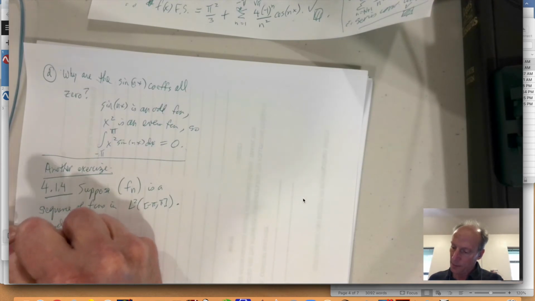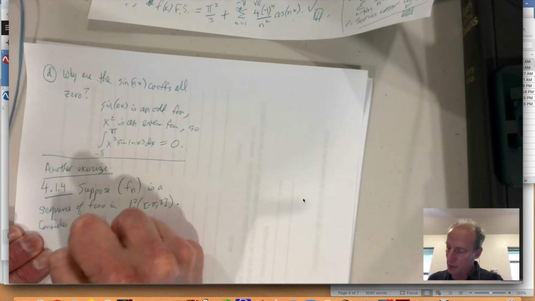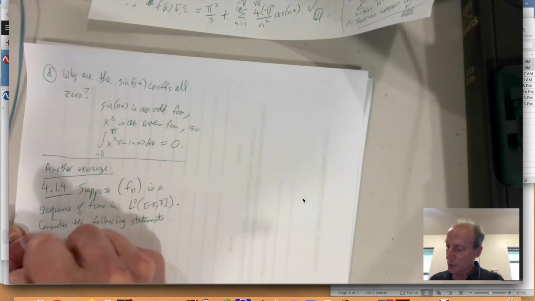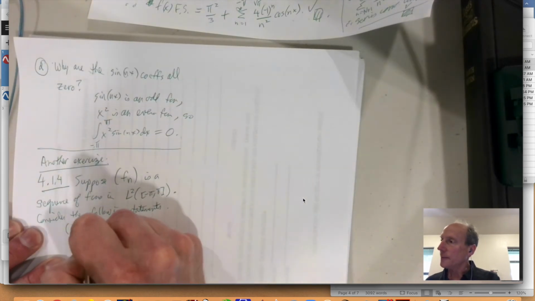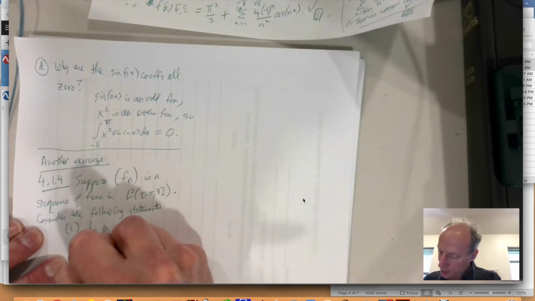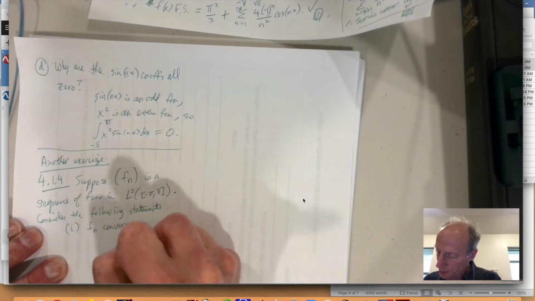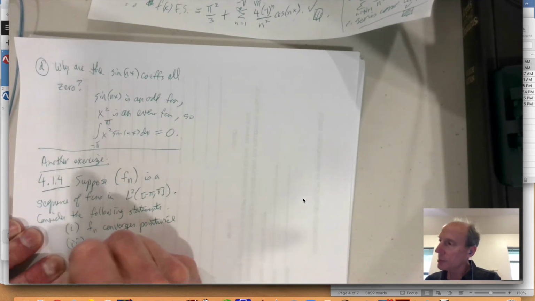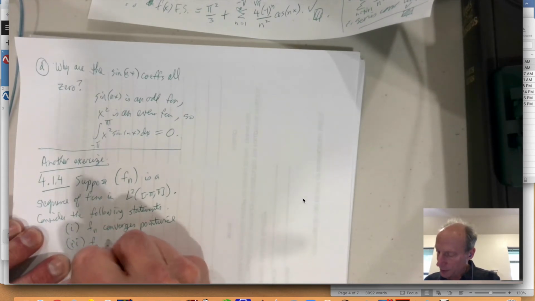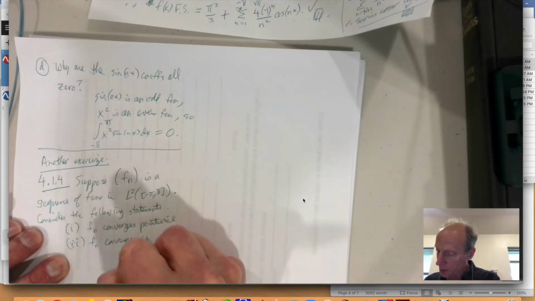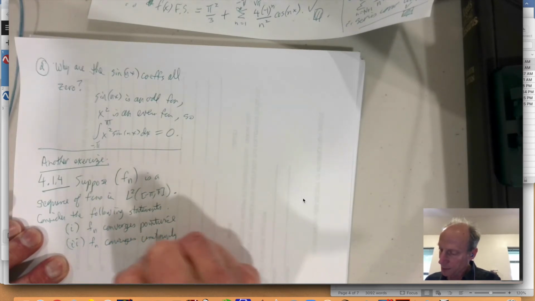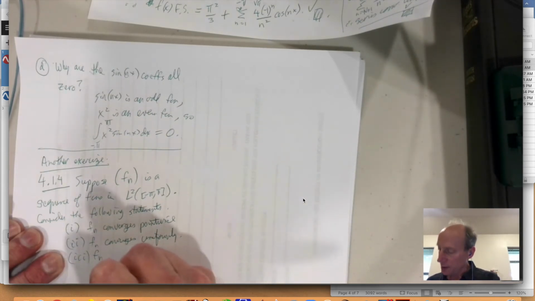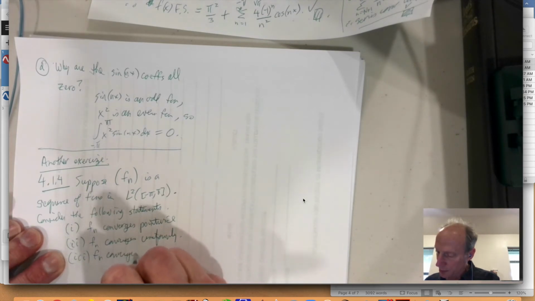Consider the following statements. One, f_n converges pointwise. Two, f_n converges uniformly. And three, f_n converges in L2.